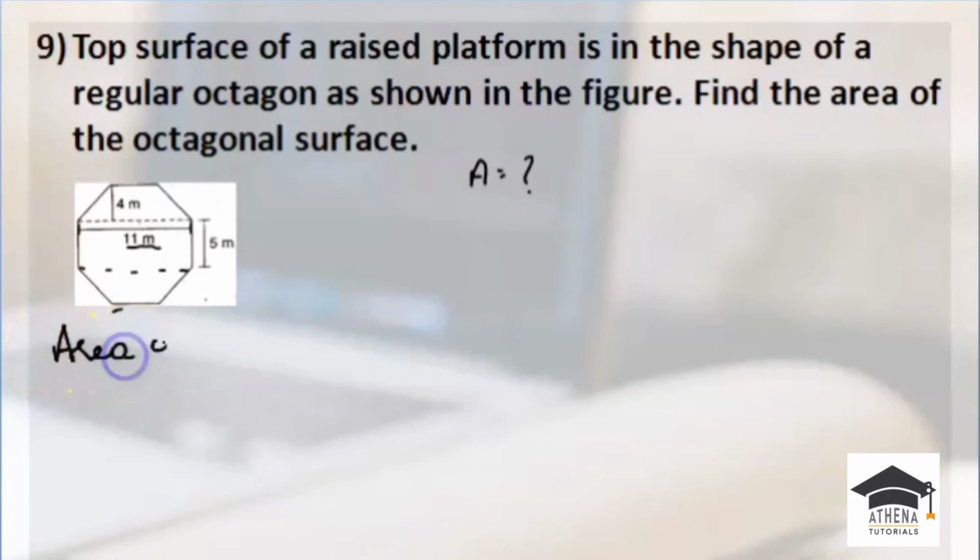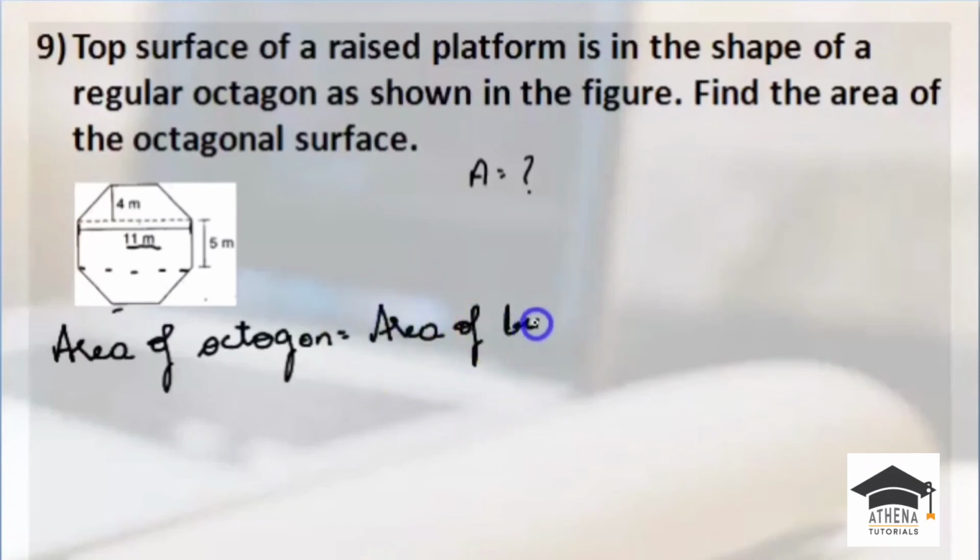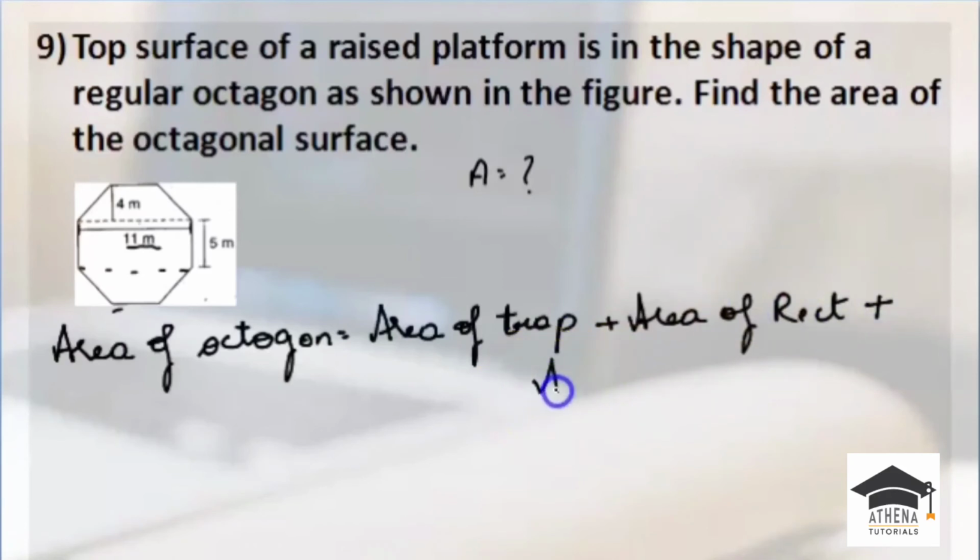Area of octagon is equal to area of trapezium plus area of rectangle plus area of trapezium.